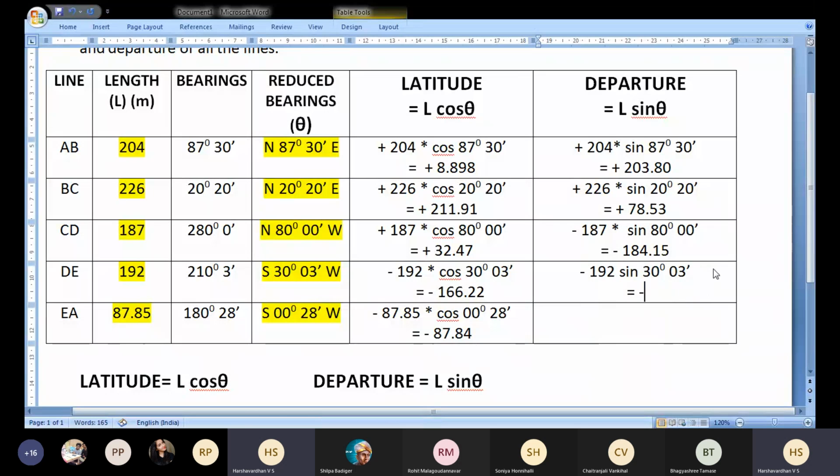So 192 into sine of 30 degrees 3 minutes. Sine 30 is approximately 0.5, so 192 into 0.5 is 96. So departure is minus 96.14. Okay, correct.